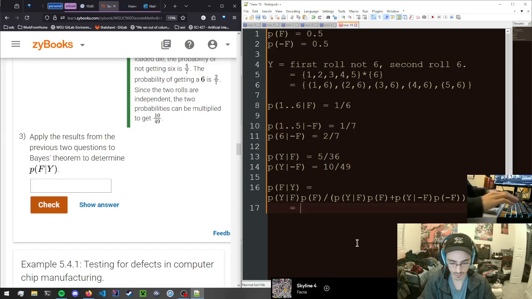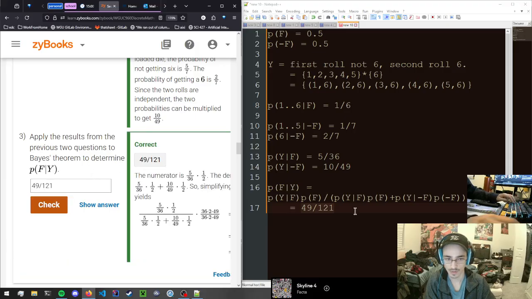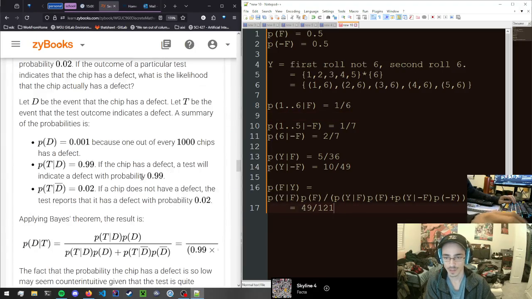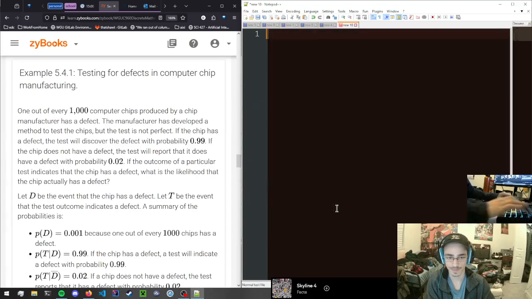So we get a result here. It's a 40% chance, by the way. So 40% chance that it is fair given this event. That's cool to know that.